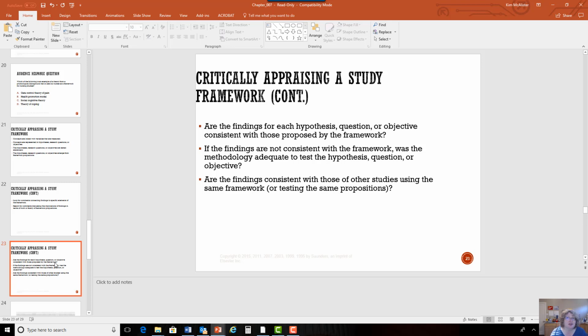So you can do a search for the different frameworks and pull up all the studies that use that same framework and look at their findings. Were the findings consistent? Good research should be replicated. We should be able to conduct your study here and here and here and here and have consistent results.